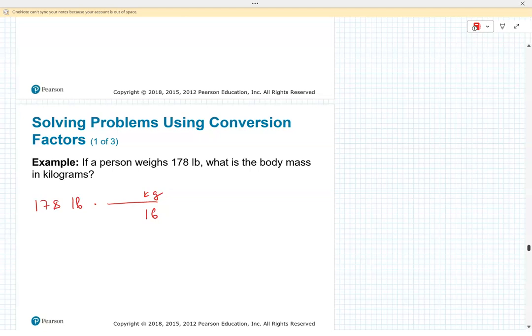And now we can put numbers in. We can say that 1 kilogram is equivalent to 2.2 pounds. Does that make sense? Okay.